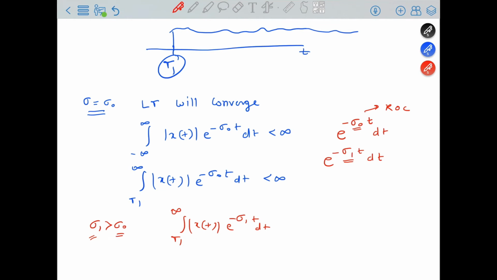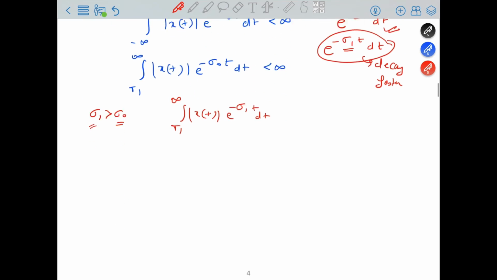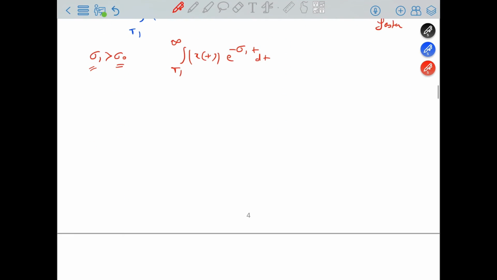So what we can say is, because of the negative exponential, it will decay faster as compared to this. And if this is in ROC, then this must definitely be in the ROC, because it is decaying faster than the previous one. So that's why we are saying that real part of s which is greater than sigma naught will be in ROC.